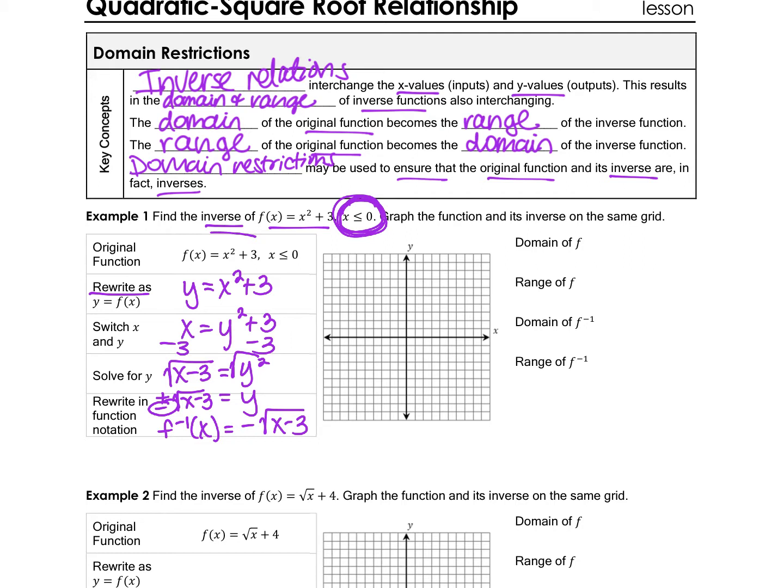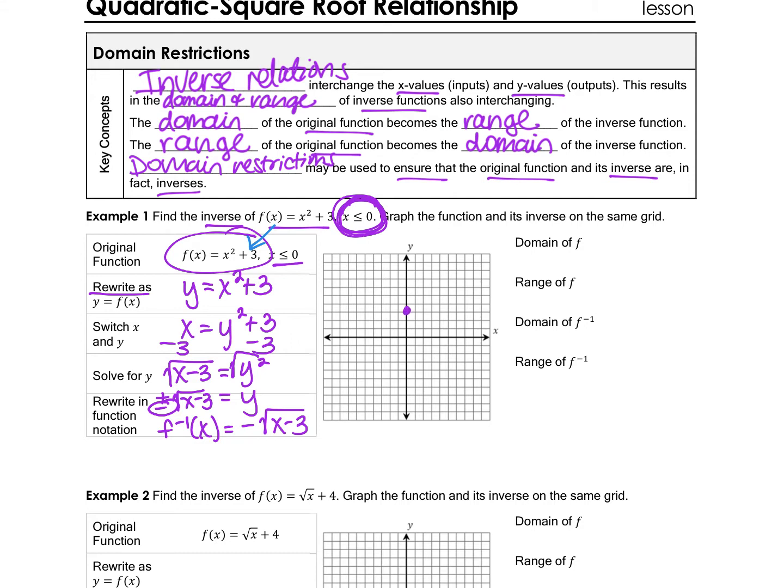I'm going to graph the original. It's a quadratic, so it should be a parabola, but remember, we're only graphing the x values less than or equal to 0. If you don't remember, a quadratic normally has its vertex at 0, 0, but notice right here your transformation would be going up 3. So I need to shift it up 3.